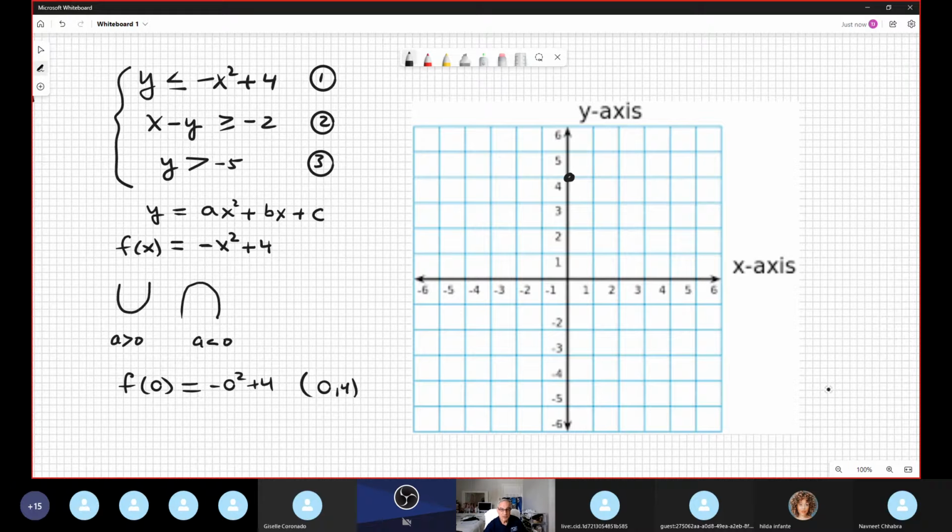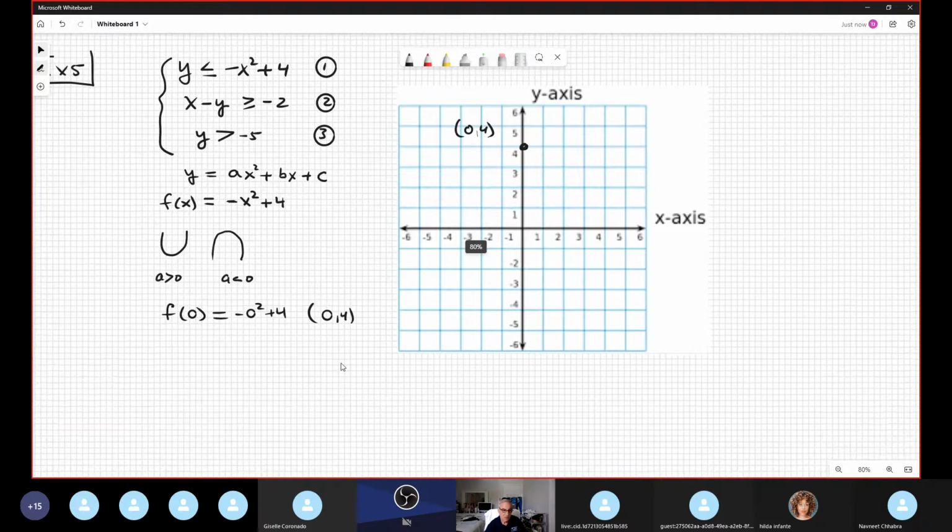I have one point. What is the point? It's the point 0,4. I'm going to find the x-intercept. Remember, you take the function, you force it to be 0. This is the formula for the y-intercept. This is the formula for the x-intercept. Similar to what we did with polynomials, remember? Okay, entonces it's basically minus x squared plus 4 equal to 0.